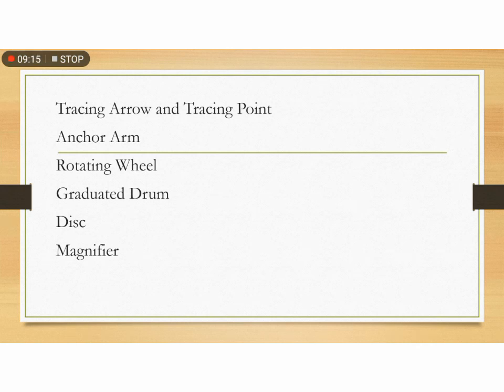The rotating wheel is fixed in the integrating unit, which helps to measure the tracing length. It is used to set the zero of the scale. The dial is the scale, which is set to zero when leveled using the setting wheel.